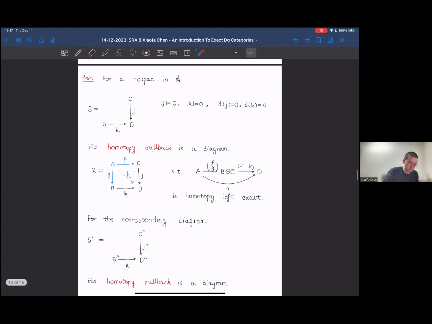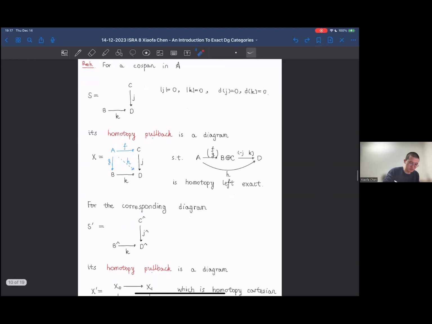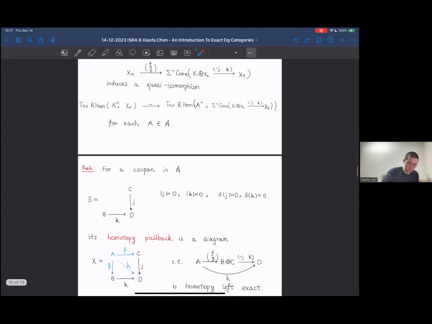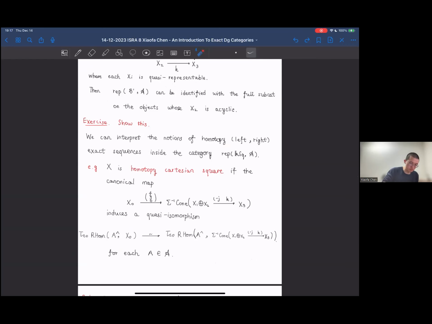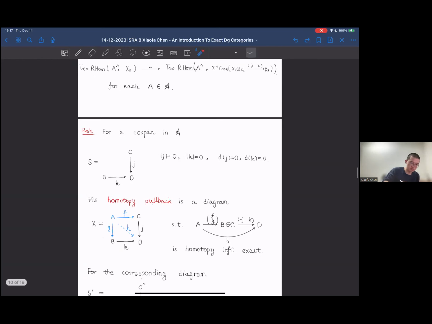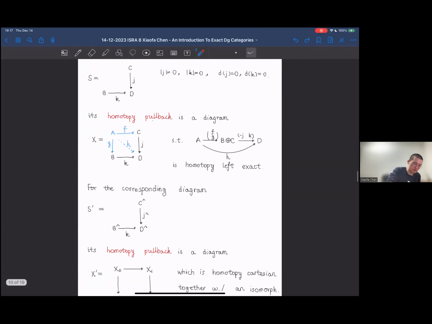But if we define homotopy pullbacks in terms of this category, Rep from k squared to A, we will have an isomorphism. So if we have a corresponding diagram in the category of DG A-modules, we simply apply the Yoneda-type DG functor.